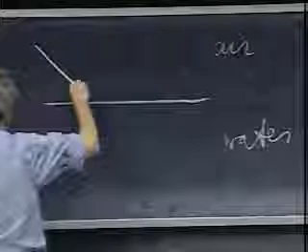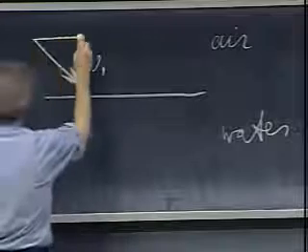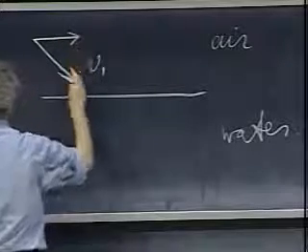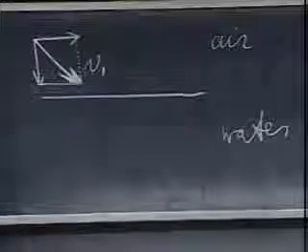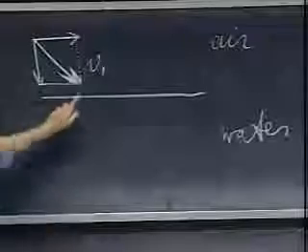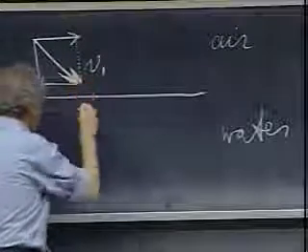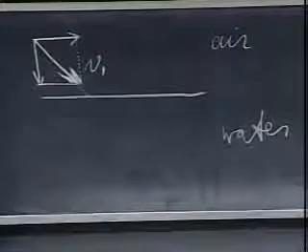If light comes in, it has a certain speed, v1. And therefore it has a horizontal component, and it has a certain vertical component. And he says if this light ends up in water, at the moment that it reaches the surface, it gets an acceleration perpendicular to the surface.